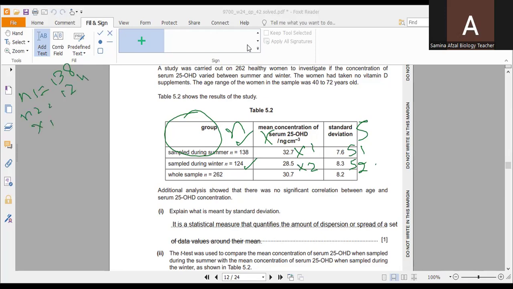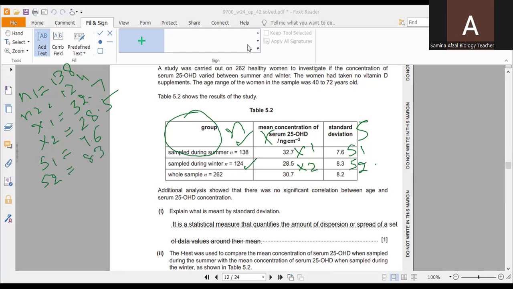X1 is equal to 32.7 and X2 is equal to 28.5. From the table, I have taken all this. S1 is equal to 7.6 and S2 is equal to 8.3.